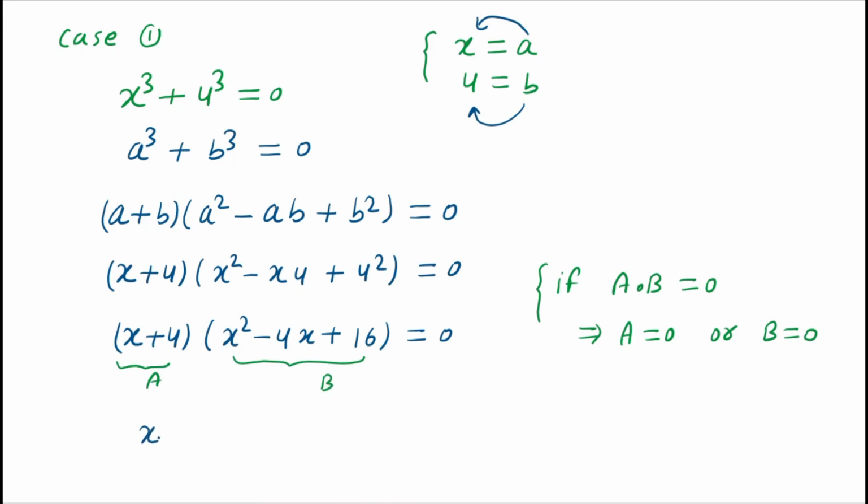So x plus 4 is equal to 0, or x square minus 4x plus 16 is equal to 0. Here the value of x is equal to minus 4.